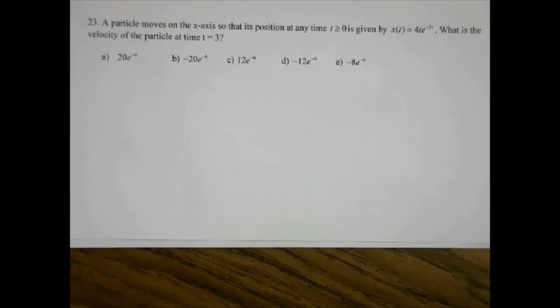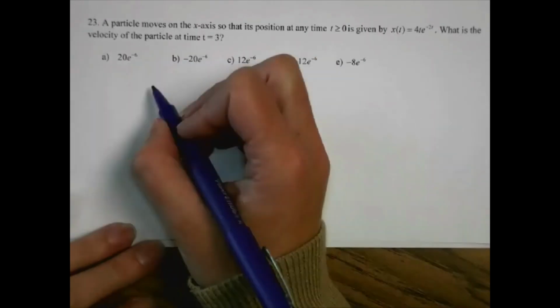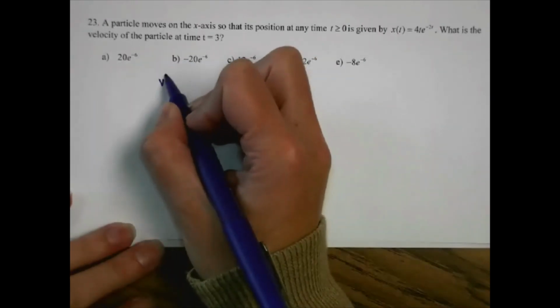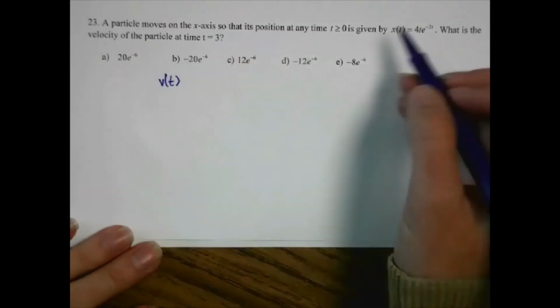One final problem. A particle moves on the x-axis so that its position is given by x of t equals 4t e to the negative 2t. What is the velocity at time 3? So we're going to take the derivative. So v of t, we're going to do a product rule here.